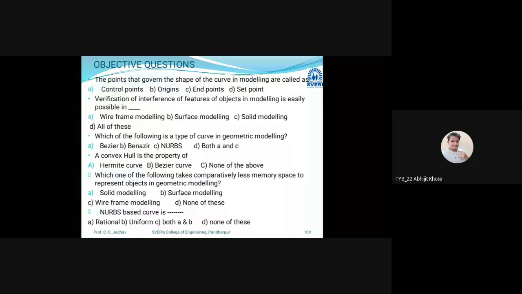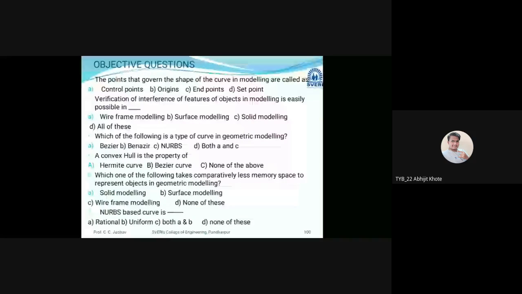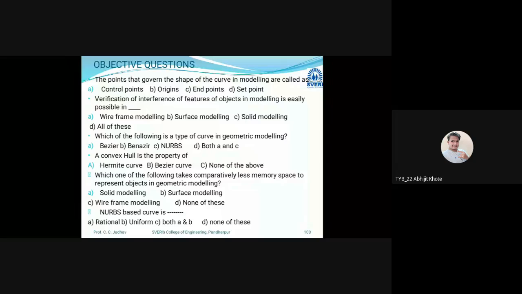Okay. Then next, roll number 8. Hello. Yes, sir. Question number three: which of the following is a type of curve in geometric modeling? Whatever we have studied in the previous 10 minutes, how many types of curves are there?